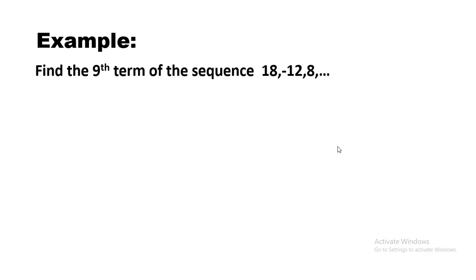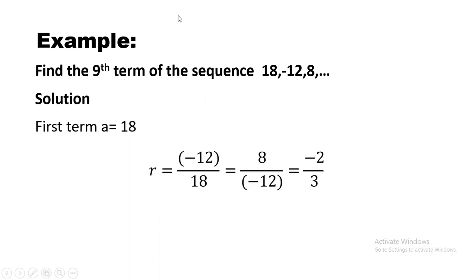Now let's take an example to understand this. Find the ninth term of the sequence 18, minus 12, 8. Now we are moving on towards the solution. The first term of the sequence is 18. Now let's find out the ratio.